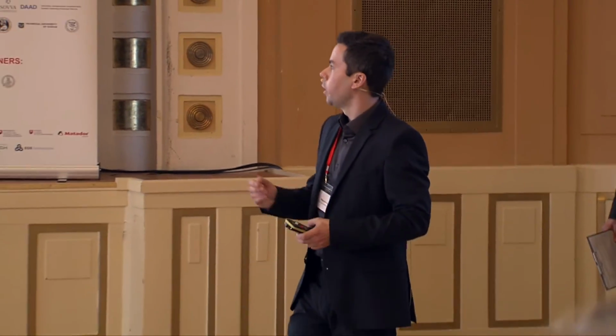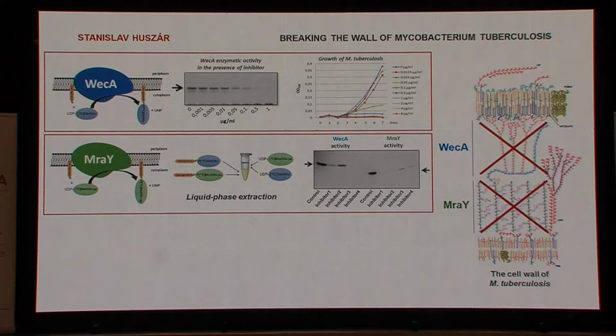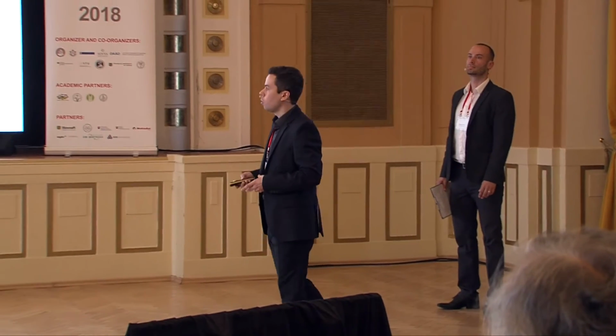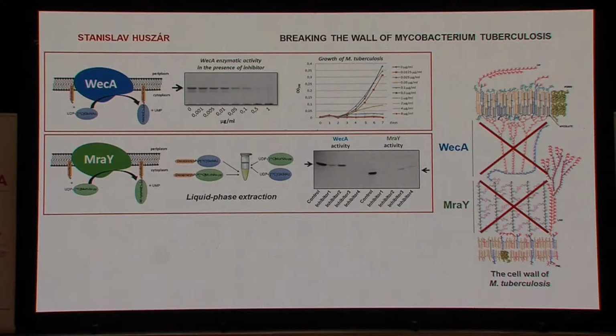The products of these reactions can be extracted and analyzed by TLC, where they migrate into different positions. When the protein is inhibited by the tested molecules, the product will not appear. By this method, we can also identify the selectivity and efficacy of the tested compounds against these two proteins.